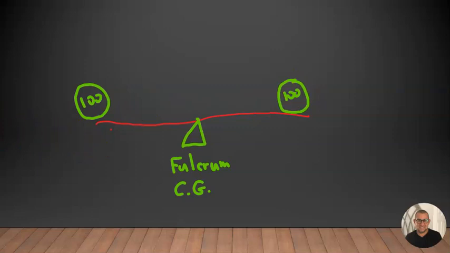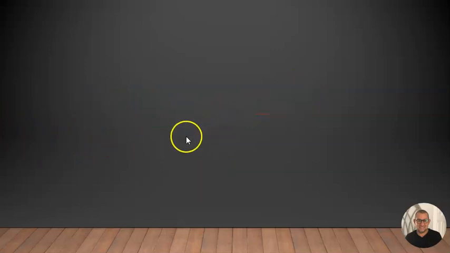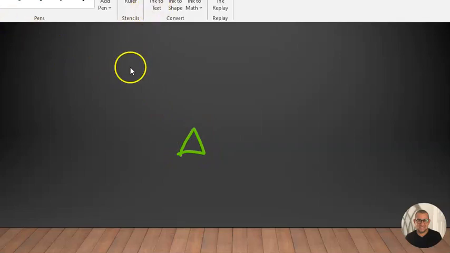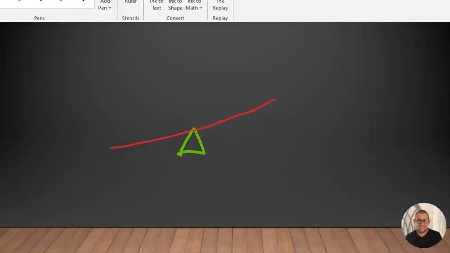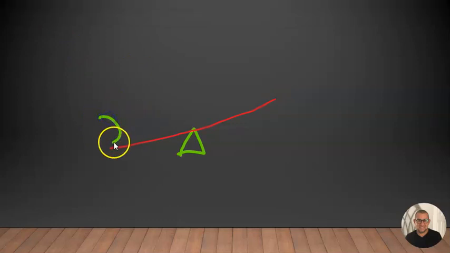So now let's see what happens if I draw a similar type of seesaw, but this time I have 500 pounds on the left and on the right I have the 100-pound ball.